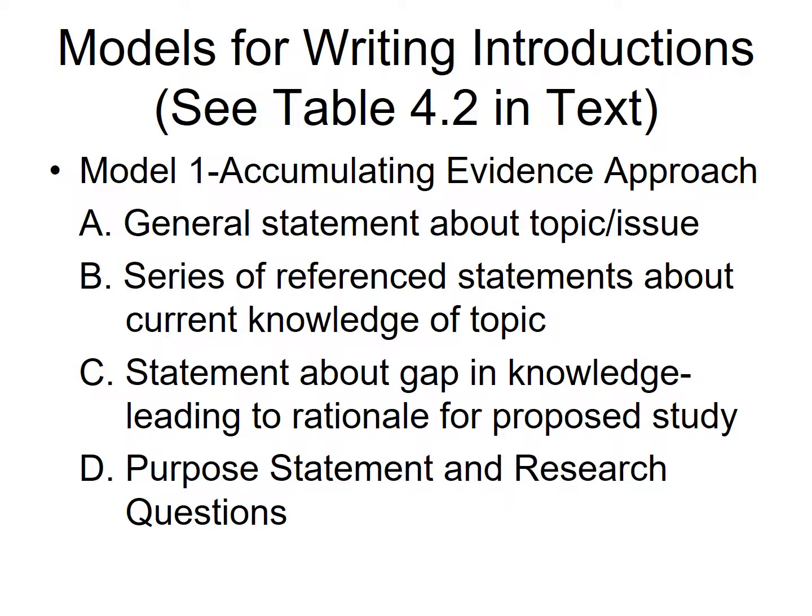So essentially it would start out with a general statement about the topic or the issue. For example, I've been doing some research with some of the BCBA students on anxiety with individuals with disabilities. So students with diagnosed anxiety disorders or students on the autism spectrum. We actually have written some papers.